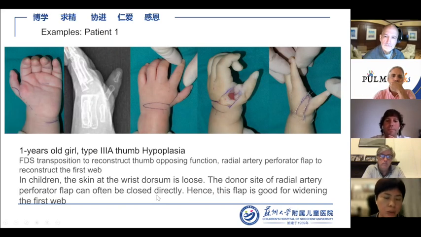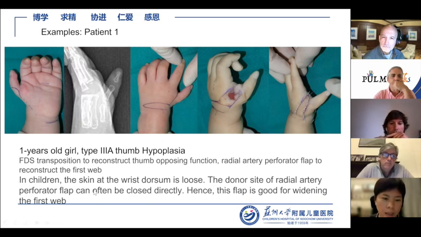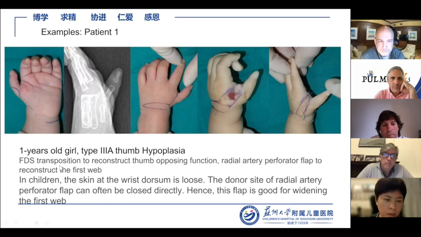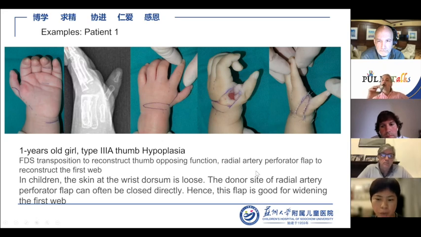And I will introduce 4 patients. This is patient 1. One year old, type 3A thumb hypoplasia. The first procedure was FDS transposition to reconstruct thumb opposition function, and a radial artery perforator flap to reconstruct the first web.